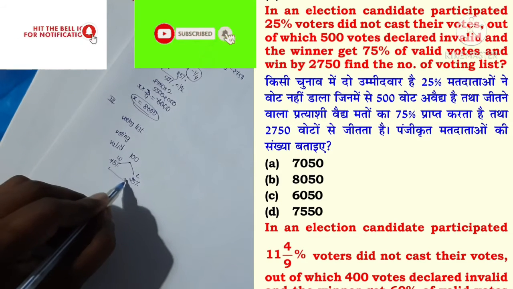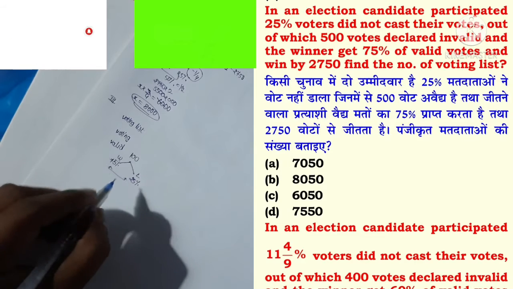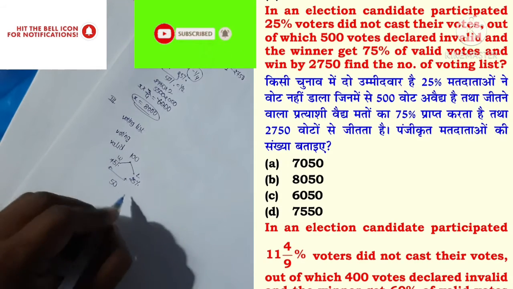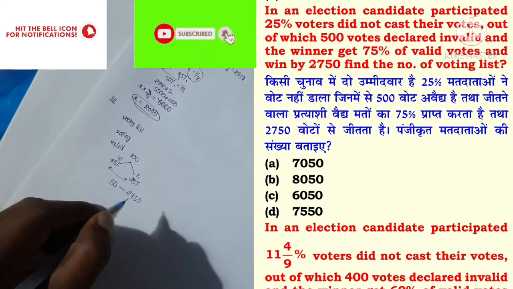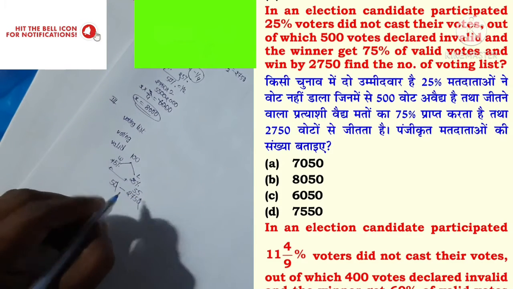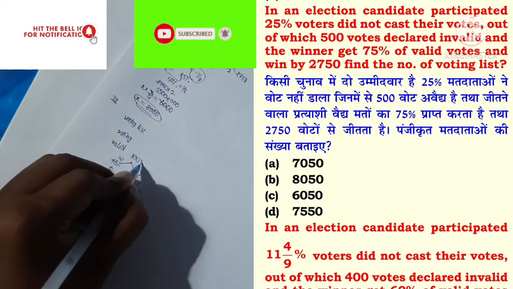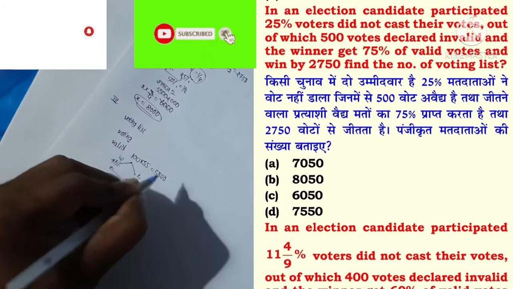So the majority, the difference, is 50%. So 50% of 100 is 50. So 50 units represent 2750. So the zeros cancel, and the value is 55. So total valid votes is 5500.